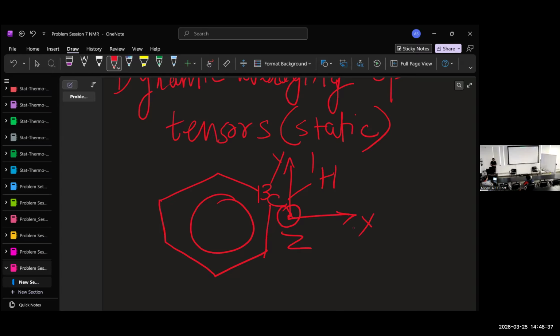Is it uniaxial in reality for an aromat? Not quite. And if it is not, does anybody know where the x and y axes will land?